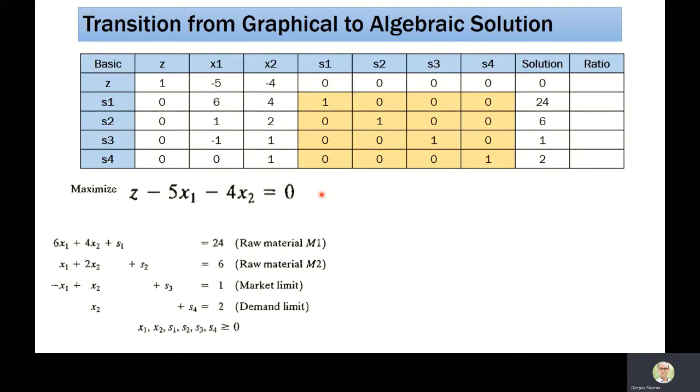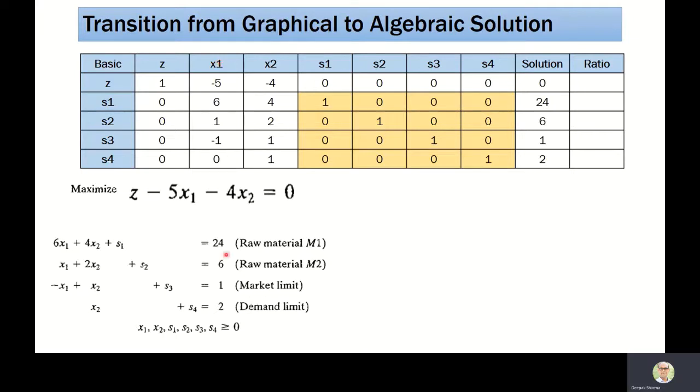Now let us draw a table. In the very first row, we are mentioning Basic, where we will be writing all the basic variables. Column 2 corresponds to Z. Then we write the columns based on the number of variables.